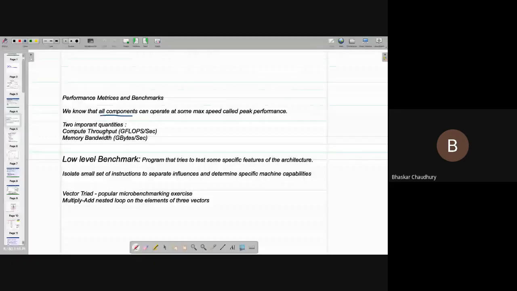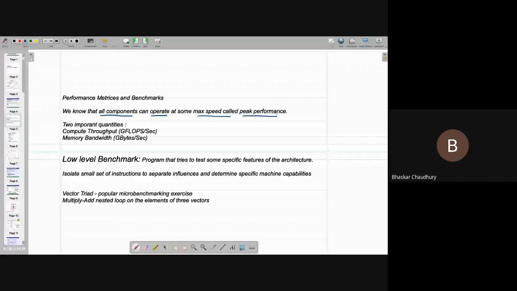So one thing we all know, and we even discussed in the first lecture, is that all components, not only of the computer, all components of a computing system, can operate at some maximum speed, and that is what is called peak performance. So you have a peak performance of a memory, you have a peak performance of the processor. Whatever components you have, each of them has some peak performance.